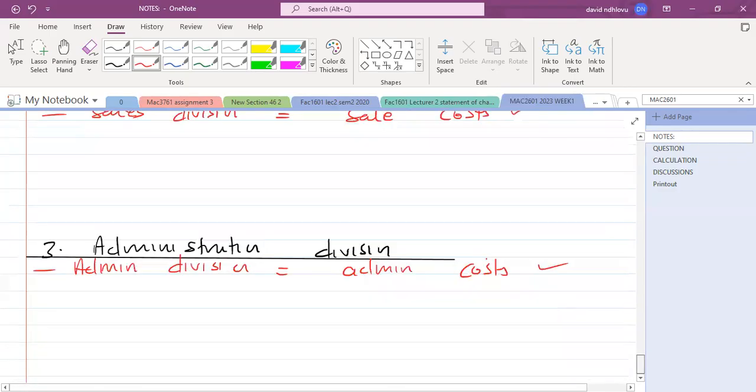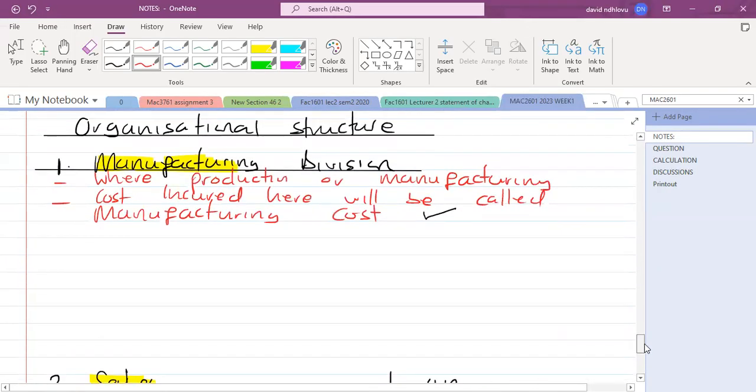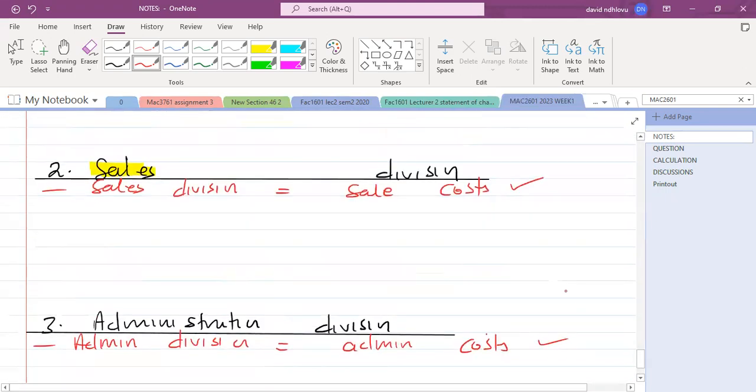These costs, when we add them together, we call them periodic costs.